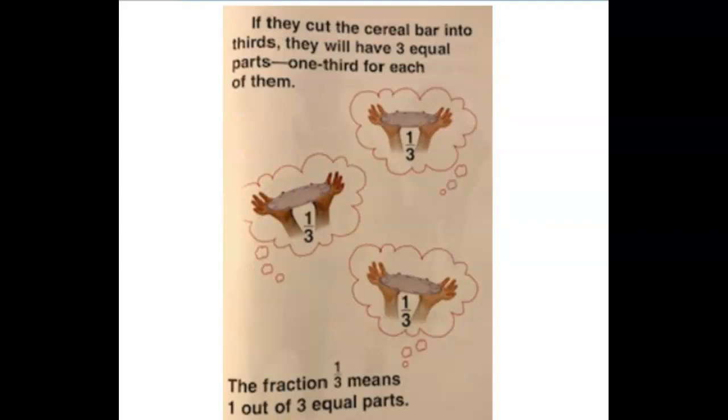If they cut the cereal bar into thirds, they will have 3 equal parts, 1/3 for each of them. The fraction 1/3 means 1 out of 3 equal parts. So all 3 kids will get the same amount.